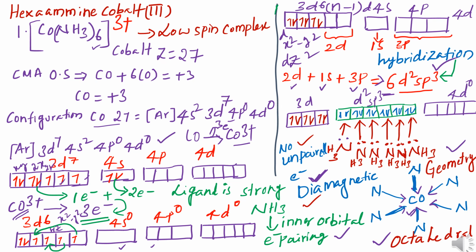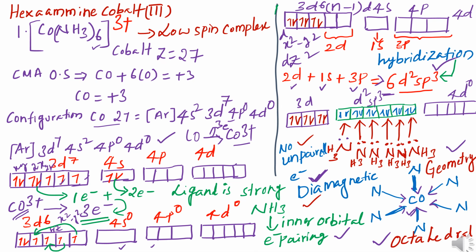For this, because of the nature of the ligand, strong field ligand, it always promotes inner orbital pairing, right? Inner orbital pairing. How will it pair? So same, after losing electrons, this is the configuration. So this last electron present in the dz square will pair up with the half electron present in the half-filled orbital, one electron present in the dzx, dx square minus y square.